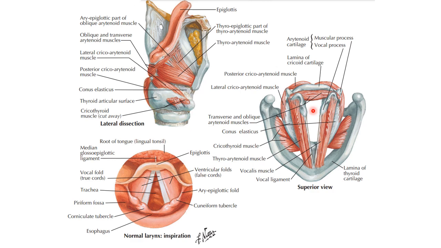Next, you have the posterior cricoarytenoid muscle, which pulls on the muscular process of the arytenoid cartilage, pulling it this way so that the vocal ligament will abduct, move this way. Okay. Next, you have the oblique and transverse arytenoid muscles, which will pull on the arytenoid cartilages together. So this will also lead to adduction of the arytenoid muscles.